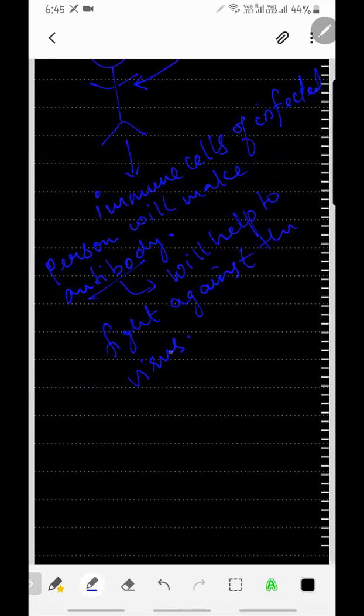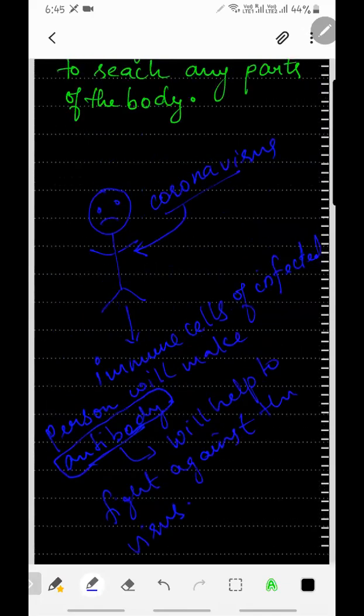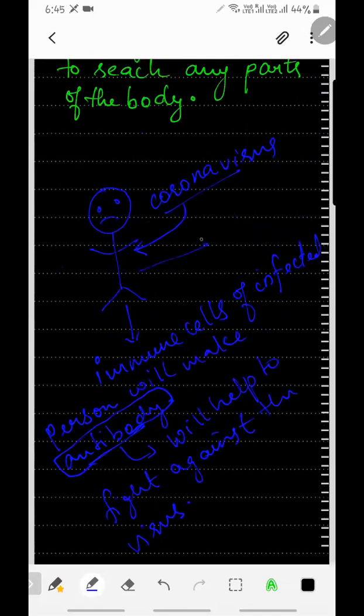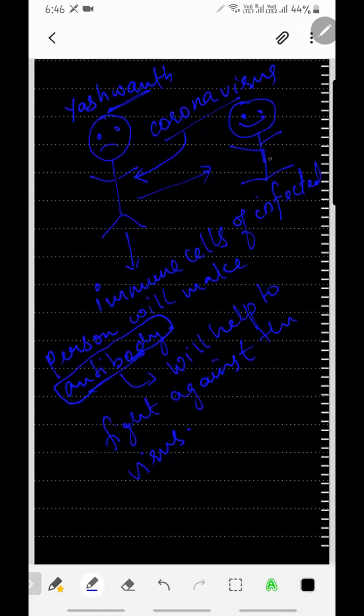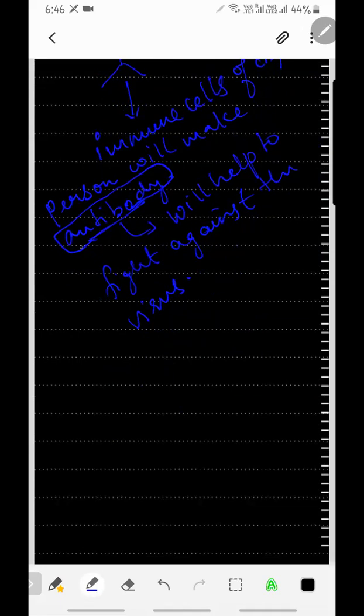Now what happens? This antibody is present in the plasma. So now if the person recovers and becomes healthy again, then in the plasma these antibodies will be there, so that they can take this plasma out and use it for the treatment of other infected persons, so that they can also get treated.